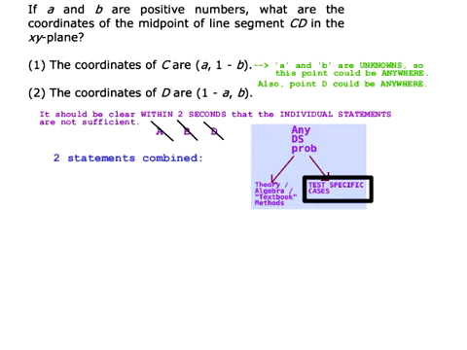So we know that C is the point (A, 1 minus B), and we know that D is the point (1 minus A, B). Okay.